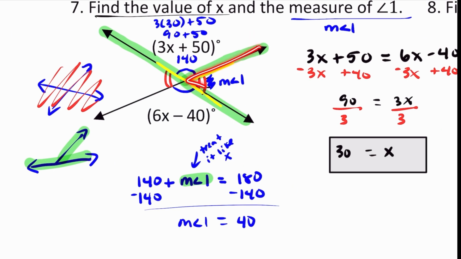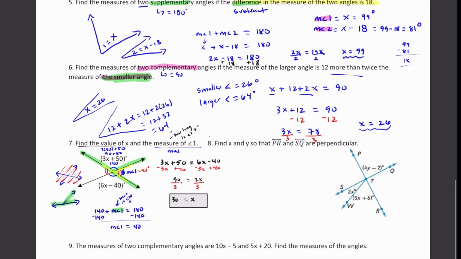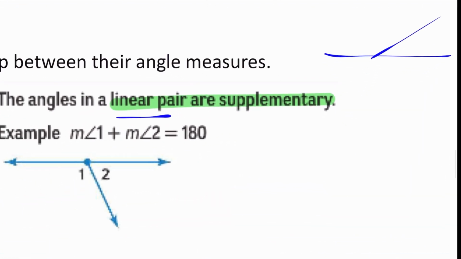So how long is this angle here? Well, the measure of angle 1 is 40 degrees. So I have 140 plus 40, and they should equal 180 degrees.